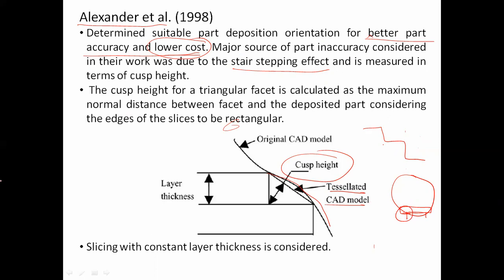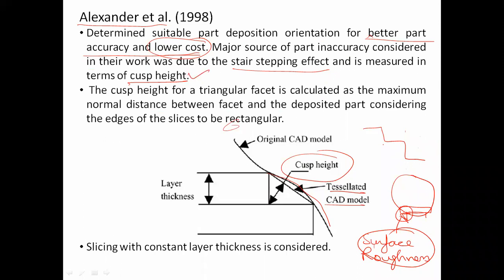And this staircasing effect leads not only to surface inaccuracy, it also leads to surface roughness. The surface roughness can be controlled by cusp height. So he oriented the whole problem onto part inaccuracy, and part inaccuracy is dependent on surface roughness, and surface roughness is dependent on the cusp height.